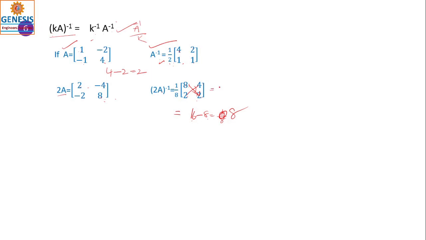And 1 by 8 is nothing but how much? The determinant of A inverse is 1 by 2. Since it is a square matrix, K square, so it is 2 square, that is 1 by 4. That you have to apply. You understand? That is why it is 1 by 8, that is 1 by 4. 1 by 4 is your K, but since it is 2 by 2, you have to take that capital K as K square.